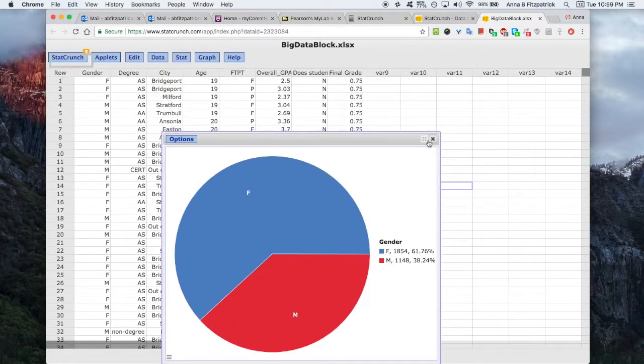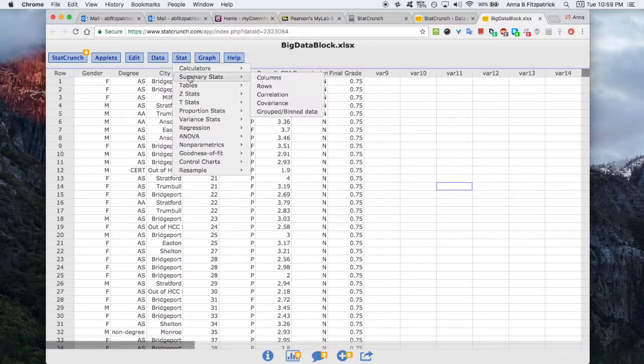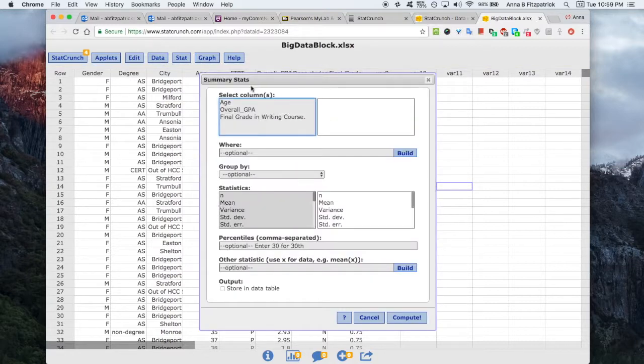Then the next thing I'm going to do is a 5-number summary for the variable age, and I do that by going again into my summary stats, choosing age, and my 5 numbers that I need to summarize are the median, as well as the minimum, maximum, quartile 1, and quartile 3.